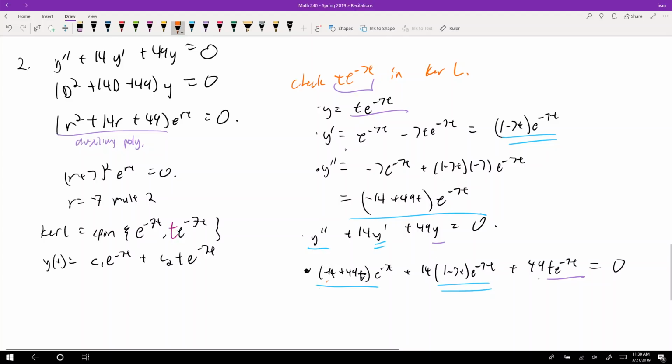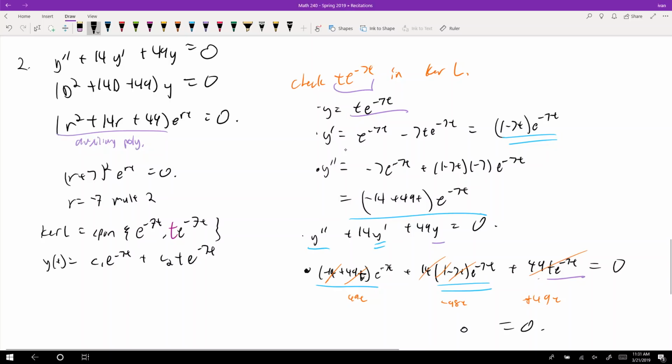This guy kills this guy, and then you're left with a 49t. Here, 14 times negative 7 is a negative 98t, and then here, this is a positive 49t, and so they cancel out.